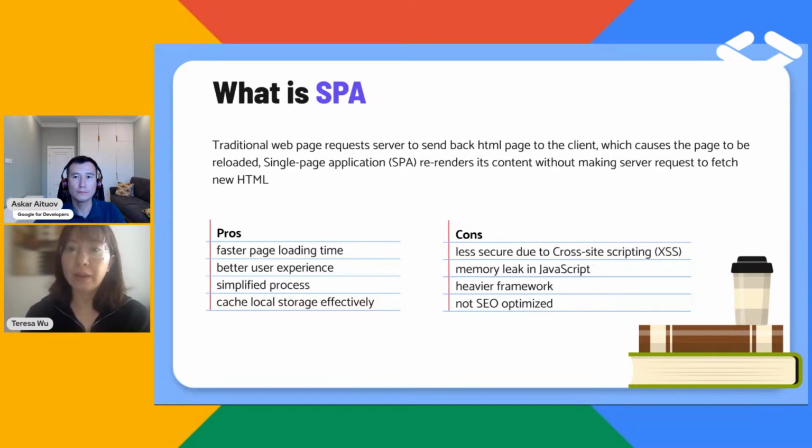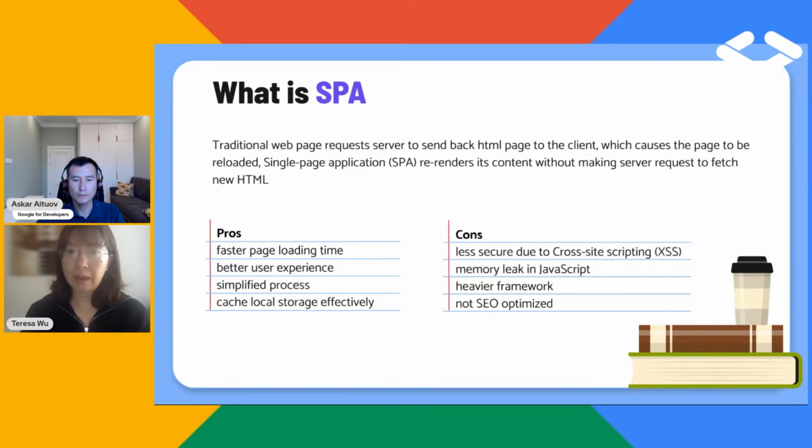If you were like me, building or using web applications 10, 15 years ago, loading a web page was really slow because I needed to ask the server to give me the entire HTML page, and refreshing it took a lot of time.